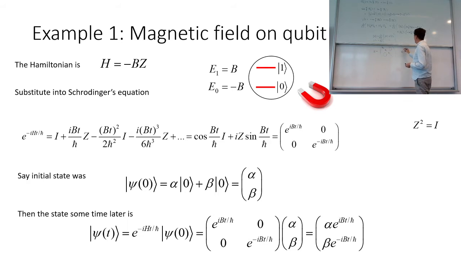Then if you want to do e to the minus i H t over h bar, this would be expanded as 1 minus i H t over h bar, minus H squared t squared over h bar squared, dot dot dot.